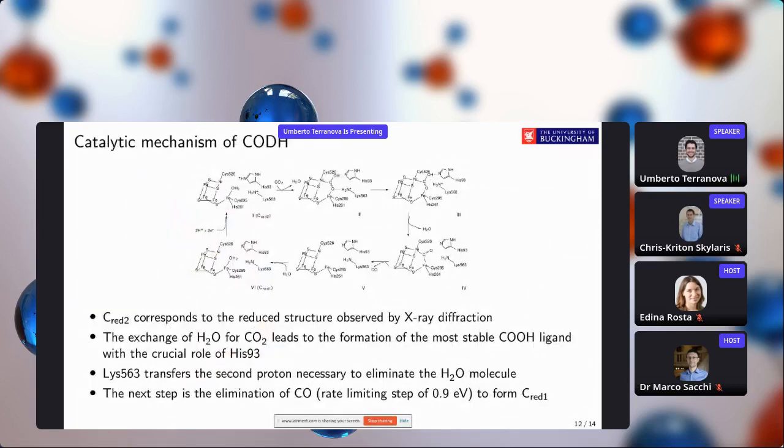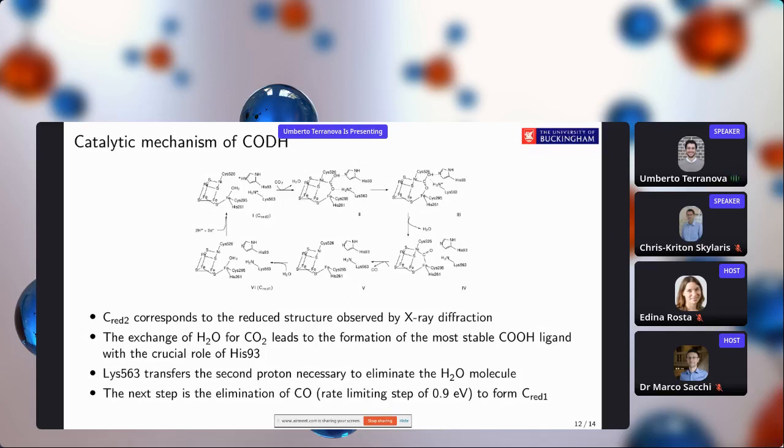So with all the information from the previous energy landscapes, I was able to revise the catalytic mechanism of the enzyme. And what you can see here is what I suggested. The cycle starts with CRED2, which corresponds to the reduced structure observed experimentally by X-ray.